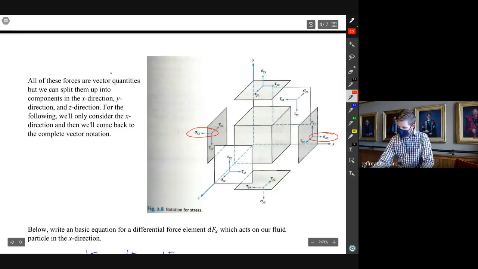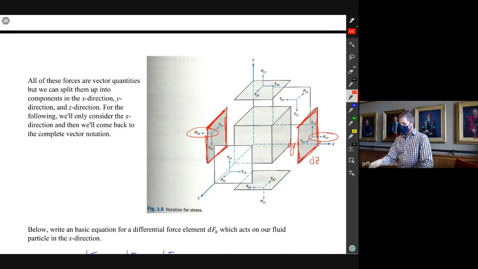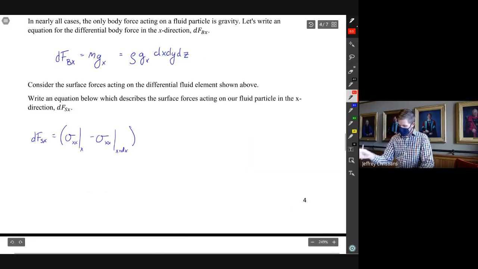That's acting on this area and this area. Those areas, this is dz, and that side is dy. So the area is dy dz. So sigma xx times dy dz.